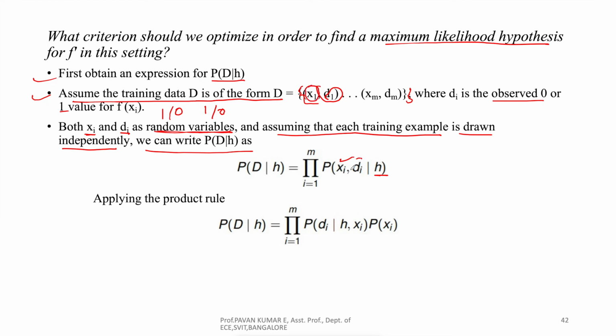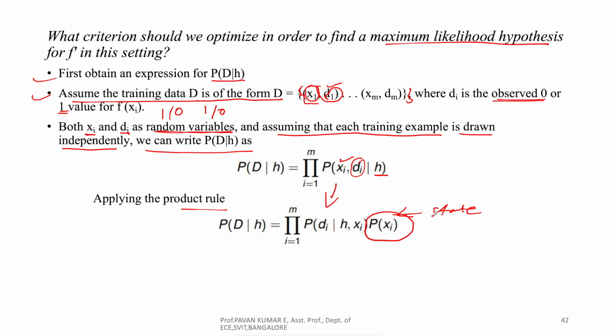What does di represent? This value, which is observed 0 and 1. So applying the product rule, the above equation we can write as P of xi, for each state in the data we have collected.